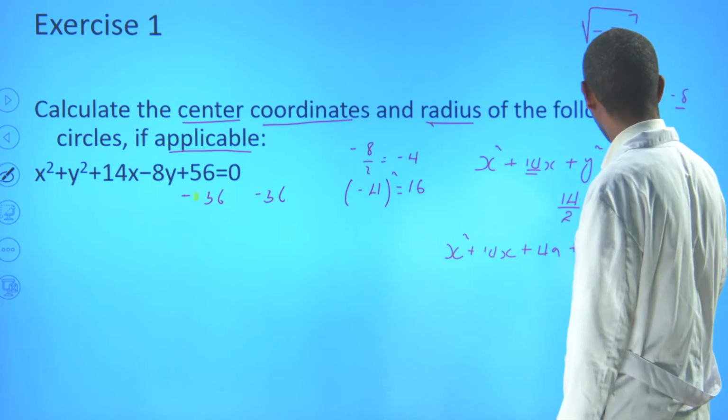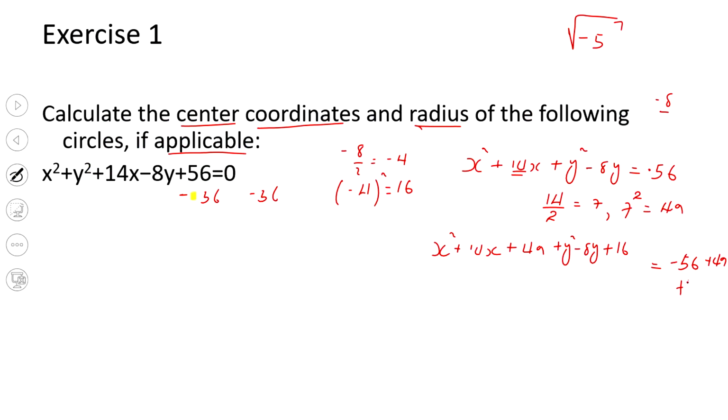Since I added 16 on this side, I should also add 16 on the other side. If you just observe this equation, it will give you (x + 7)². And again, it will give you (y - 4)², is equal to, let's try to simplify the other side.